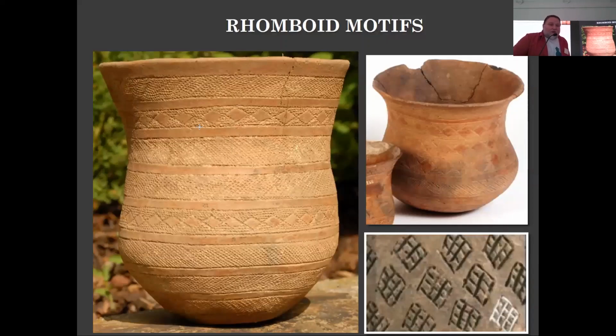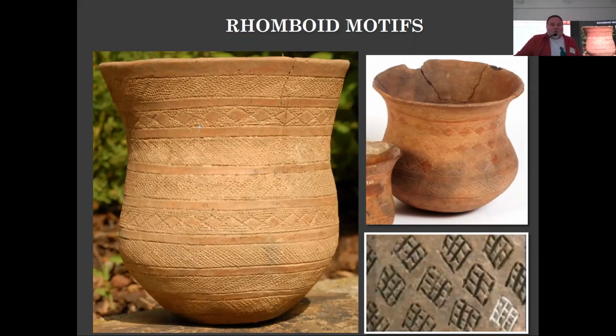Okay, so next to it are the rhomboid motifs, which we can hardly interpret, but they could also be related to a depiction of land and farming. You can see it in different examples of bell beakers, but in the bottom corner, you can see it was used throughout the Neolithic period.